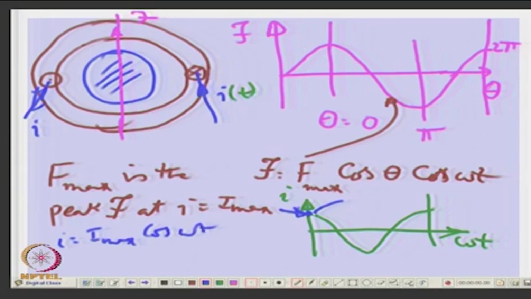and we have seen that the MMF as a function of theta and t will be following this pattern. Okay, that will be the MMF in the air gap at any position theta. I want to know what will be the air gap MMF at that position theta.